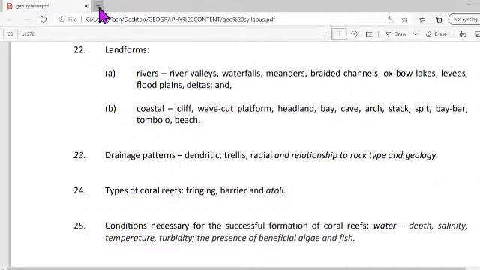So for trellis pattern now, trellis is more of a, I don't know if you know those, what is that called? It's like a thing that some persons have in their yard, and it's like a parallel shape with little rectangles.